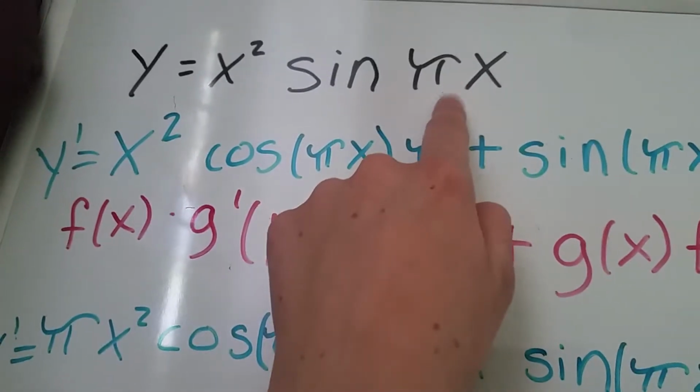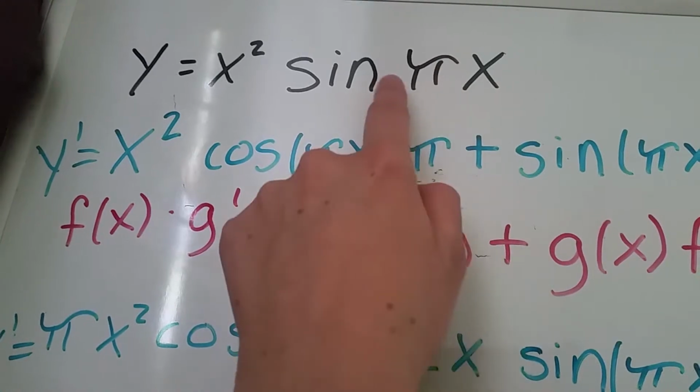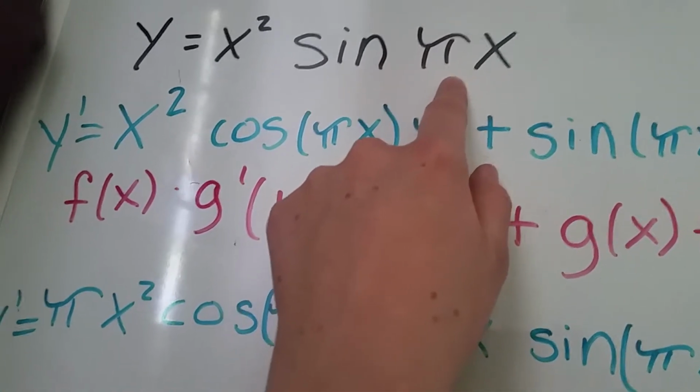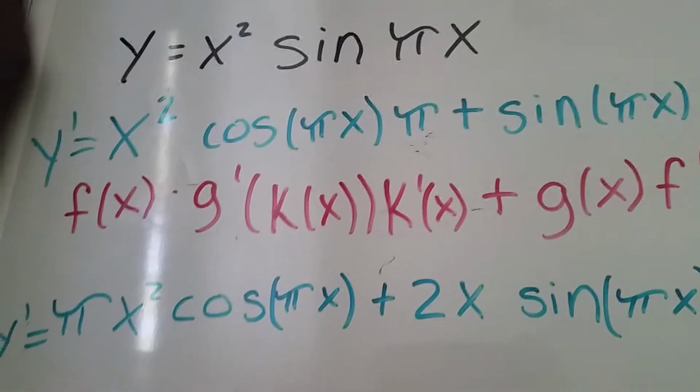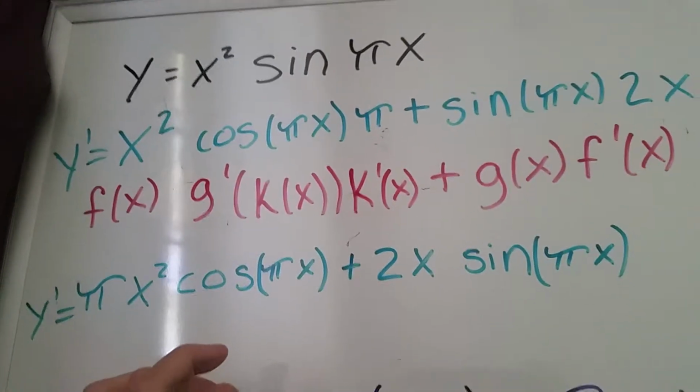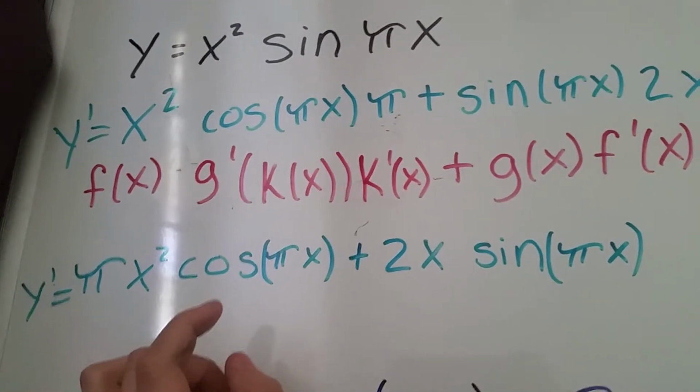Problem is, you need to find the derivative of what would be inside of the parentheses here, pi x. So to explain this further, we're going to combine the chain rule and the product rule.